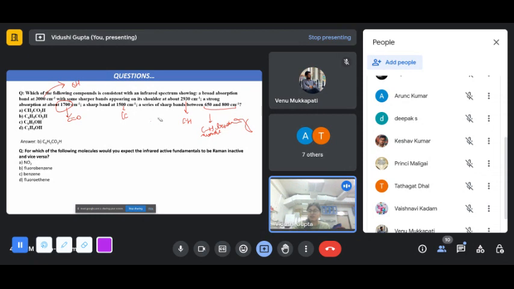For which of the following molecules would you expect the IR active fundamentals to be Raman inactive and vice versa? NO2, fluorobenzene, benzene, fluoroethene.